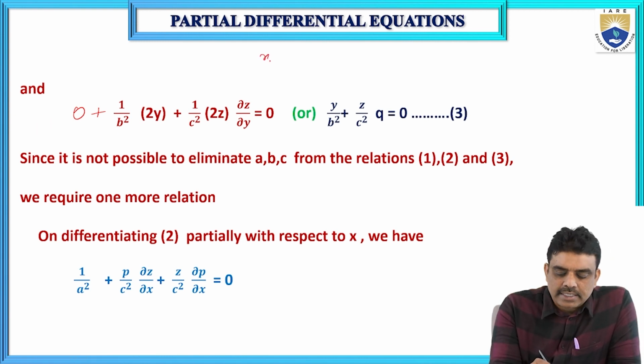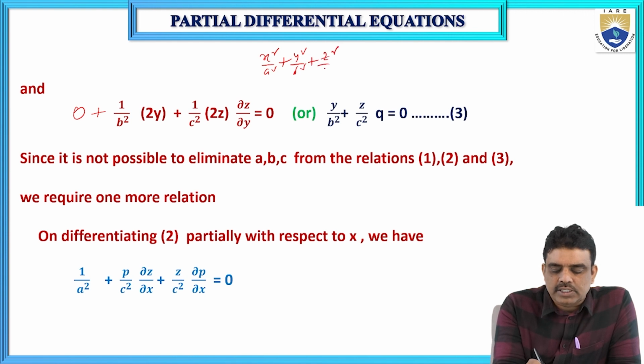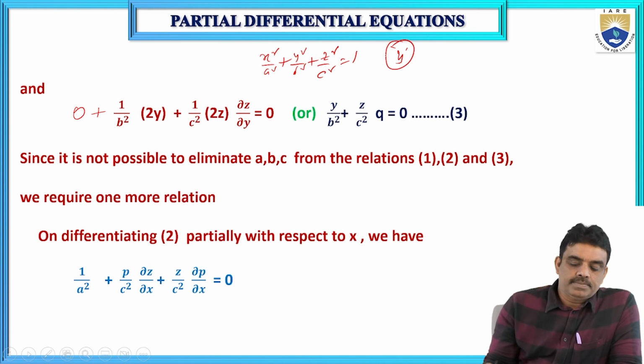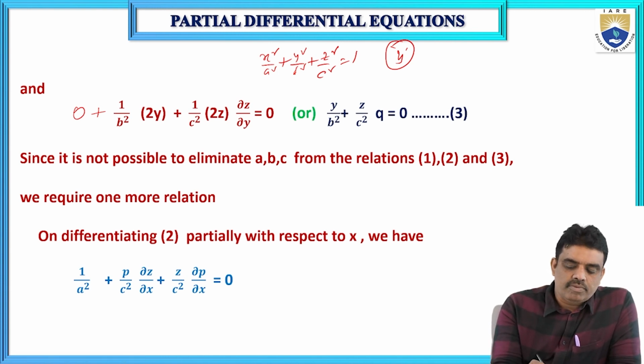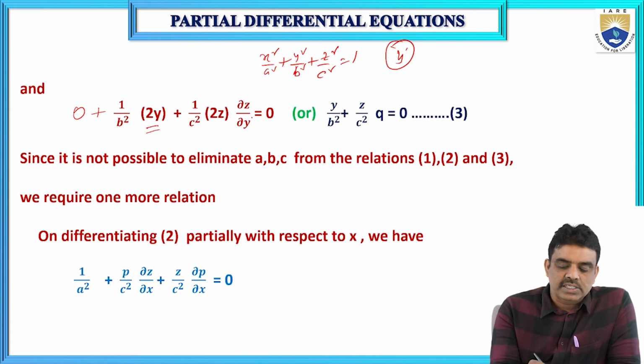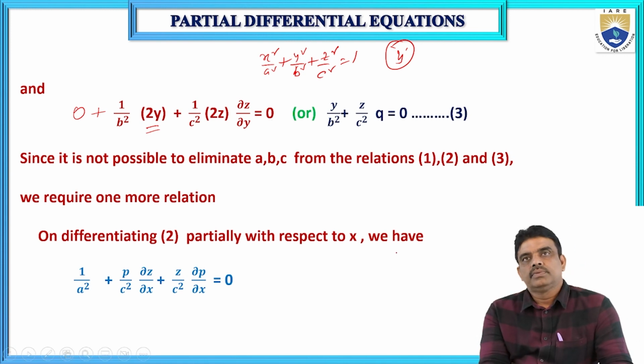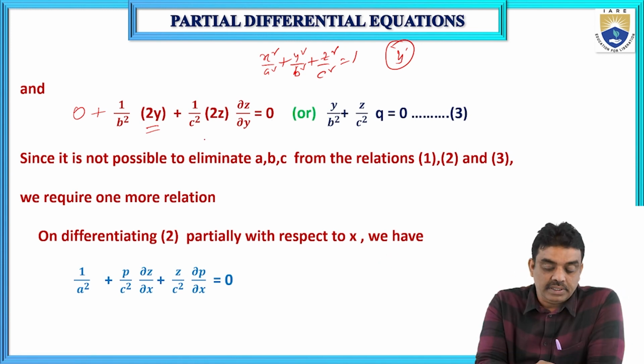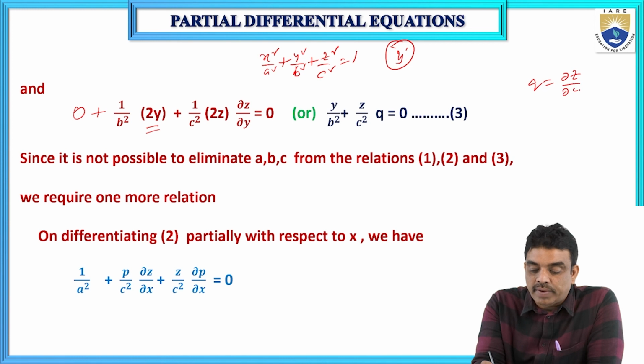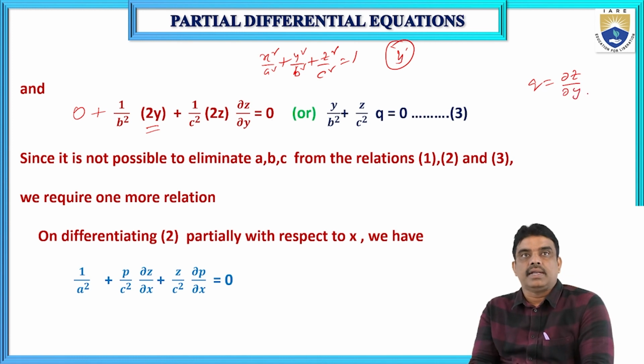I am differentiating x square by a square plus y square by b square plus z square by c square is equal to 1 with respect to y, partially. First term 0. Second term 1 by b square into y square derivative 2y, plus 1 by c square into z square derivative 2z into dou z by dou y is equal to 0. So on taking 2 outside, we get y by b square plus z by c square into q is equal to 0, where q is equal to dou z by dou y. So this is called equation number 3.